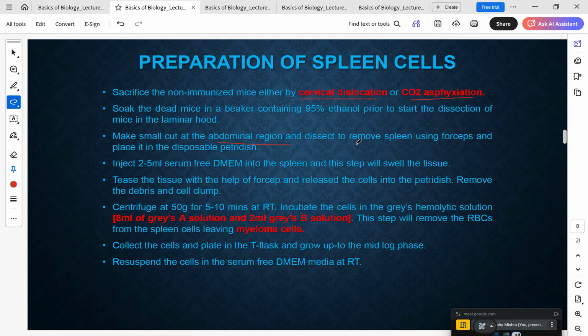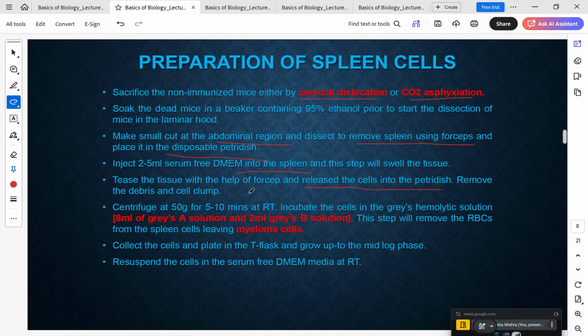You remove the spleen using forceps and place it in a petri dish. You can then inject DMEM into the spleen, and this will swell the tissue. Then you can disturb the tissue a little bit with the help of forceps and squeeze it out, and this will release cells into the petri dish.